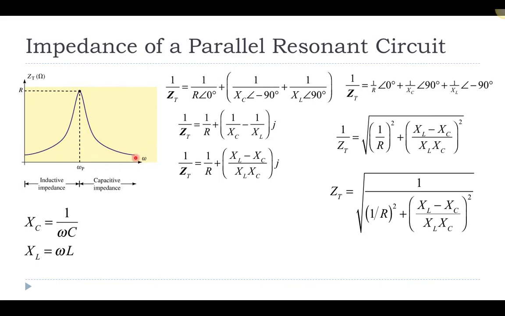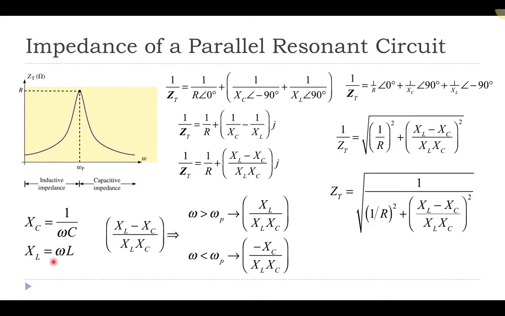So if the angular frequency is very large, then 1 over this large number, the capacitive reactance, is small and the inductive reactance is big. And if the angular frequency is small, then 1 over a small number is big, and then the inductive reactance would be small.